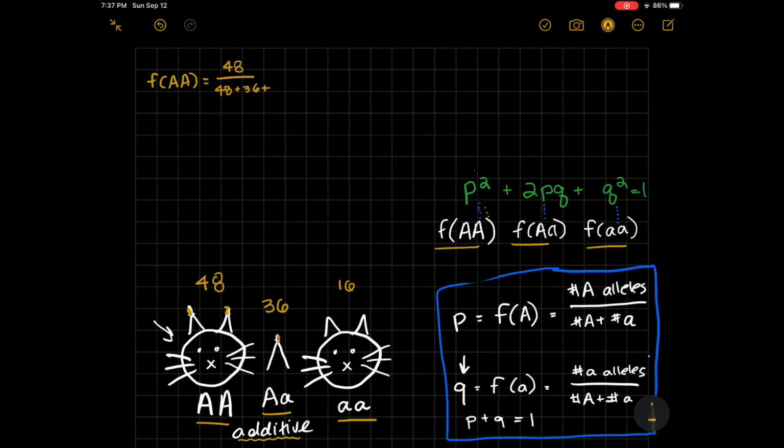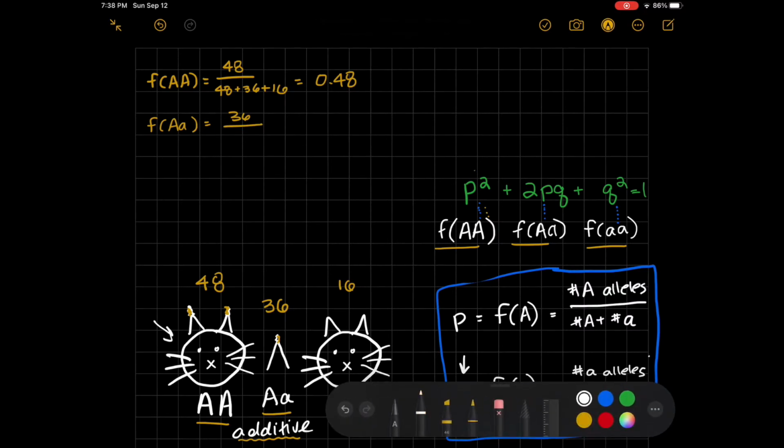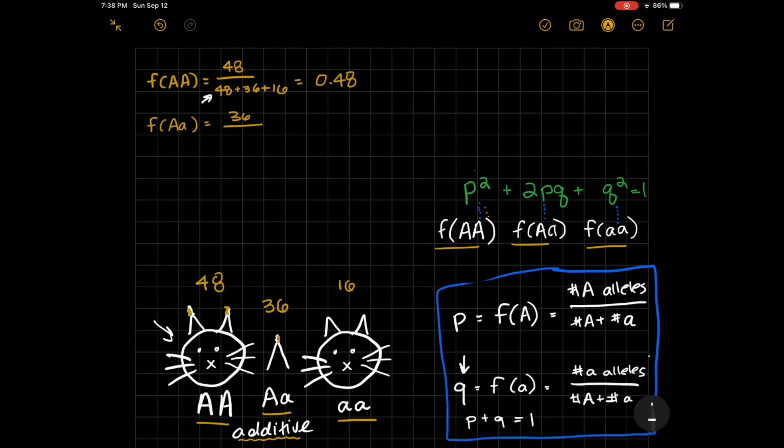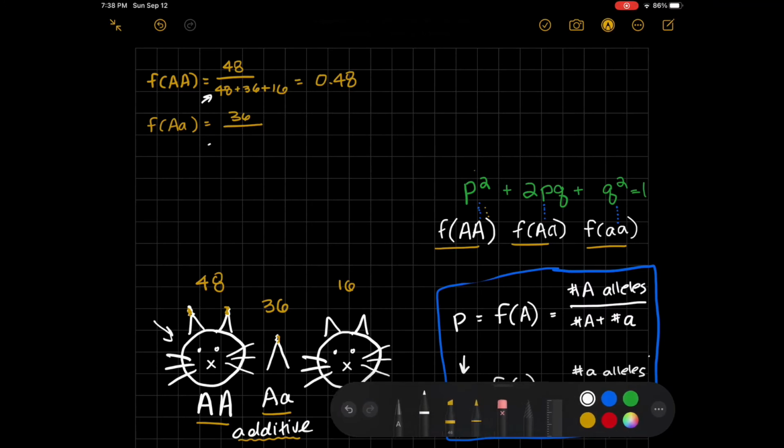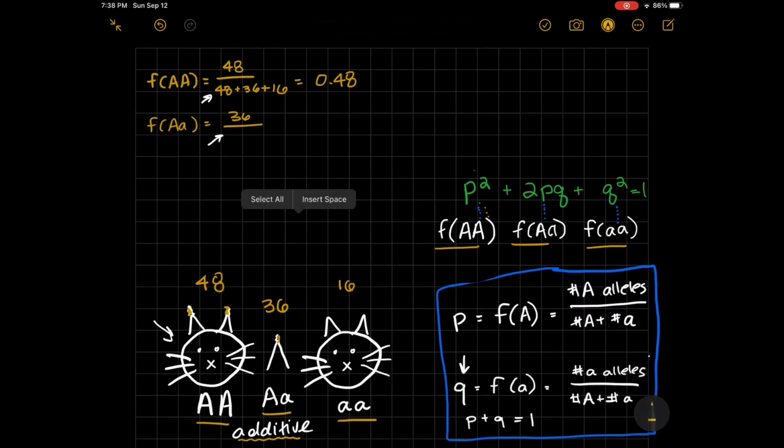The frequency of big A is going to be 48 divided by the total number of cats, which is 0.48 because the total number of cats is 100. So the frequency of big A, little a is 36, also divided by 100. And again, this is going to be 100 because 48 plus 36 plus 16, our total number of cats, is just 100. And that makes these numbers easier.